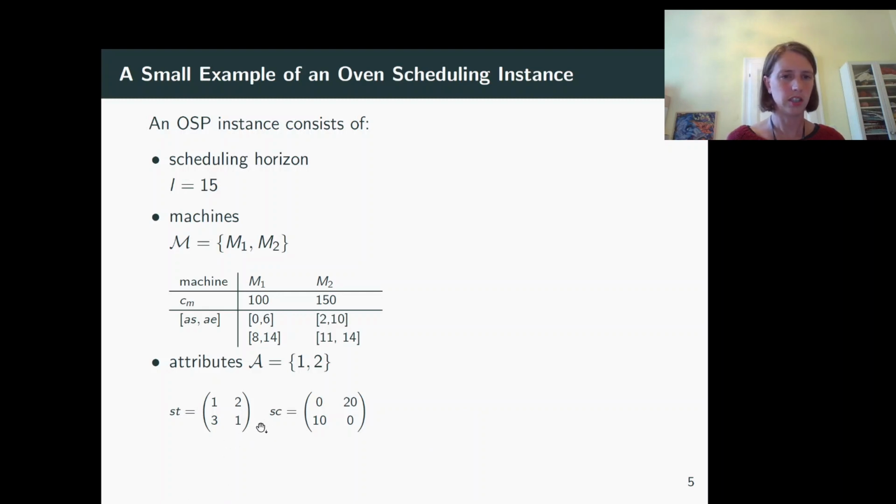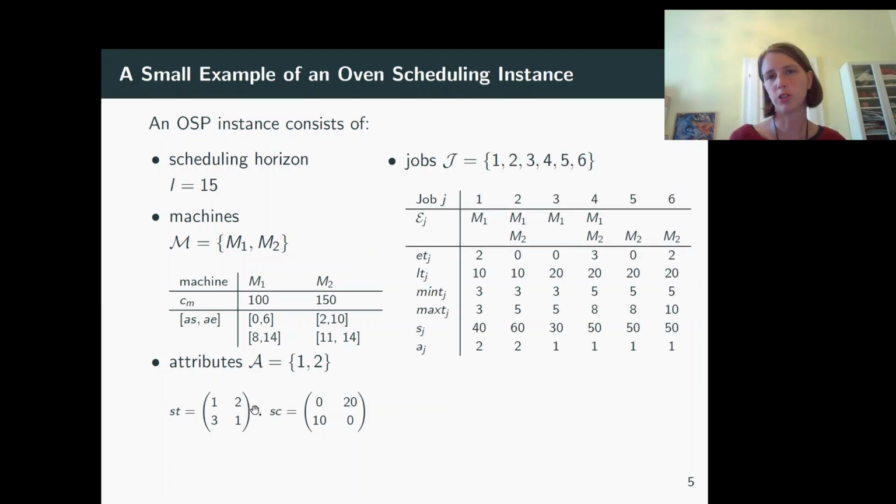So the entry 2 in here, for instance, stands for the setup cost when switching between a batch of attribute 1 to attribute 2. The setup time, sorry. And then we're given a set of jobs, so 6 jobs here with eligible machines, earliest start times, latest end times, minimum and maximum processing times, sizes, and one of the two attributes.